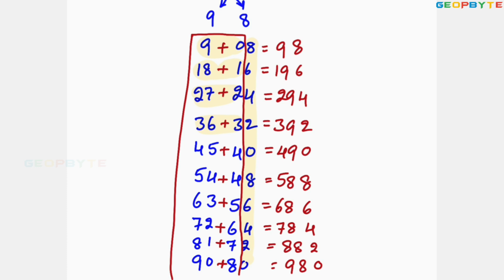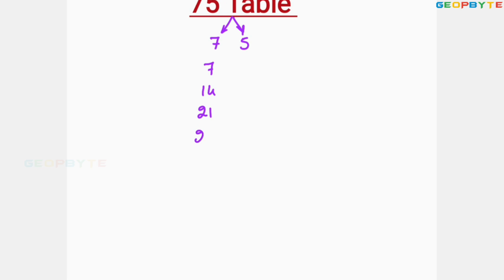I hope you clearly understood. Let us take one more table, 75 table. For this, let us write the 7 table and 5 table separately. 7 into 1, 7, 7 into 2, 14, 7 into 3, 21, like that, 28, 35, 42, 49, 56, 63, 70.